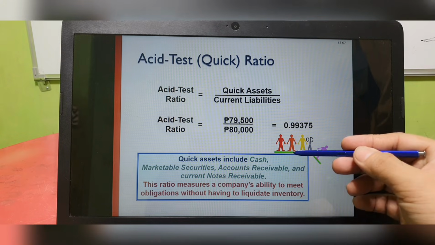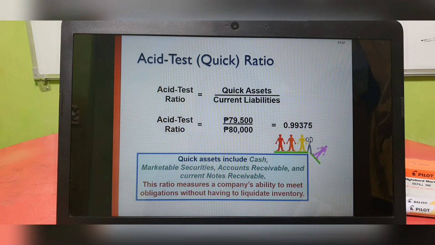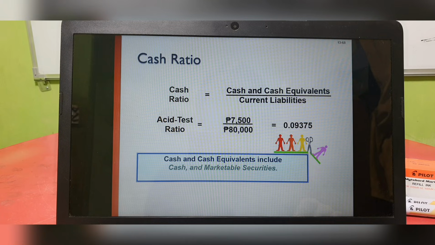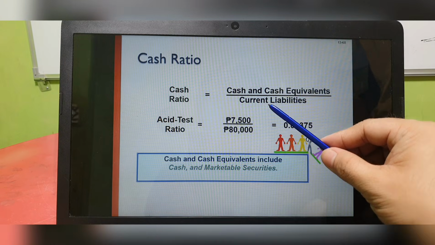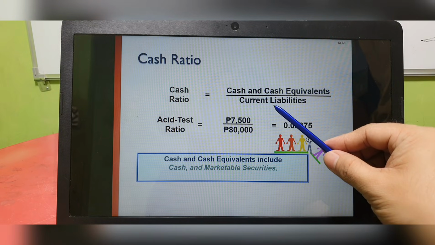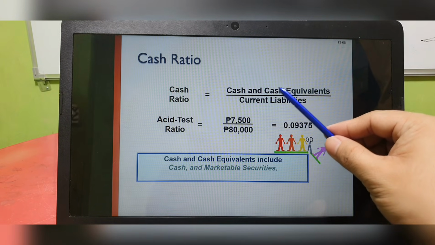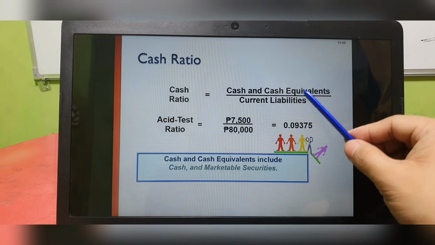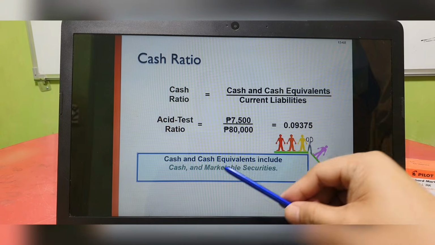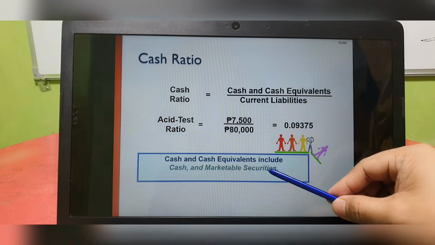So, if there is that kind of worry, some managers would settle with looking at the cash ratio. In the cash ratio, we are looking at whether the cash and cash equivalents are enough to pay for the current liabilities. The items in cash and cash equivalents would be cash and marketable securities.